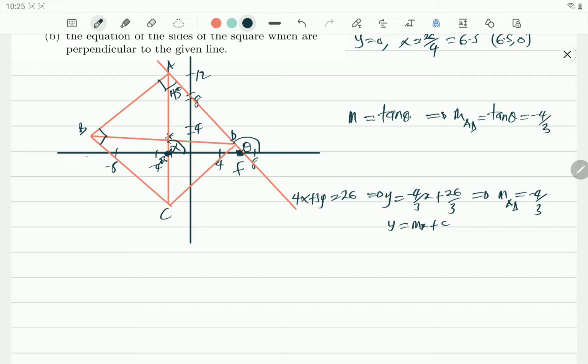So basically from triangle AEF, it implies that the angle 45 degrees plus the angle alpha is equal to theta.